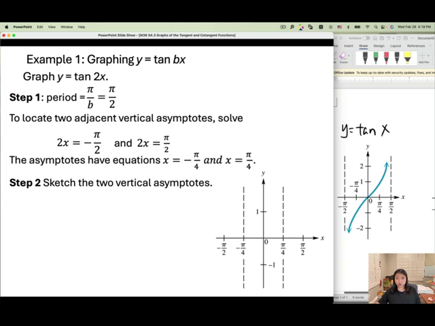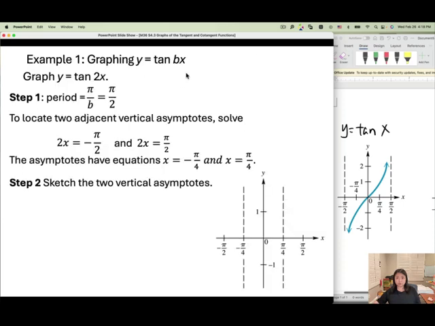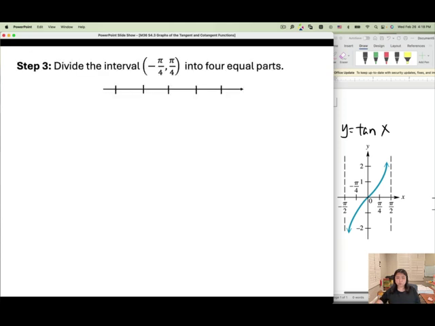And then step 3, you're going to divide the interval into 4 equal parts. These points, we got from the two adjacent vertical asymptotes, negative pi over 4 and pi over 4. So write it down. And then we're going to use the half and half method.